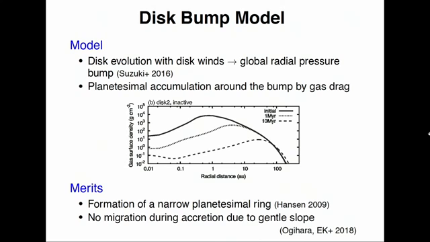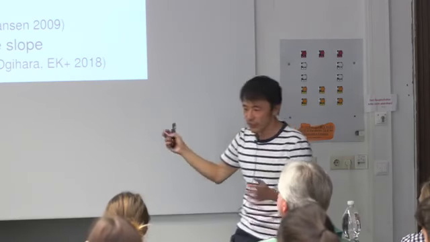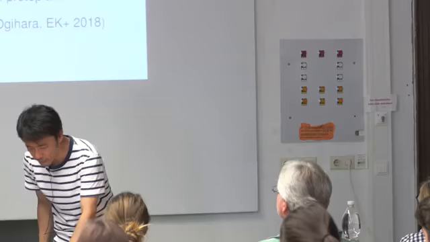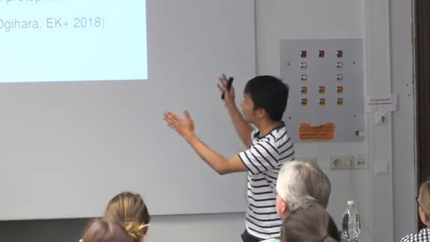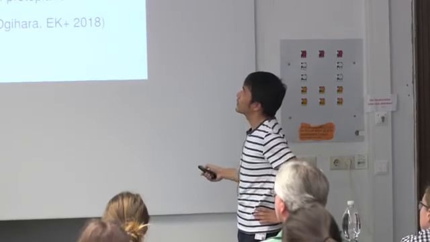Due to the early evolution of the gas disk, we find that we can have, this is the gas surface density, a pressure bump around 1 AU. As we have already learned, this high pressure area can gather planetesimals, which can naturally lead to the localization of terrestrial planets.